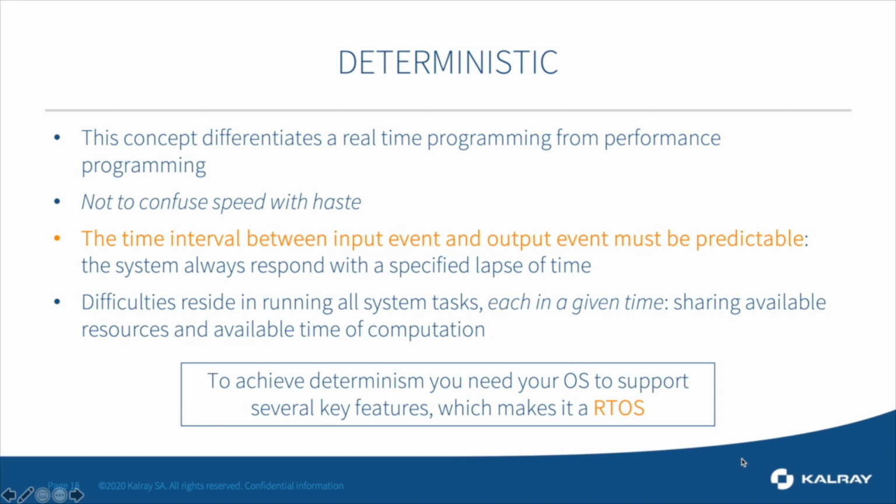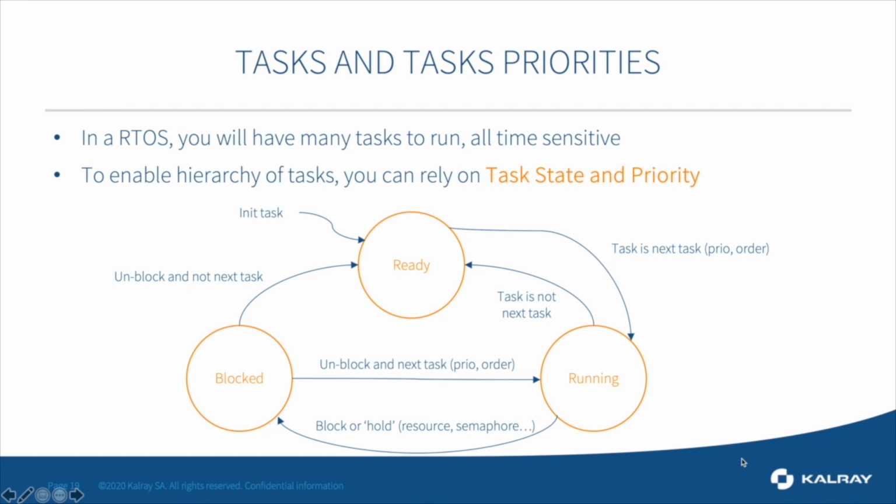To achieve that, you need key features that make an OS an RTOS. Those key features start with the management of tasks and the consideration of task priorities.